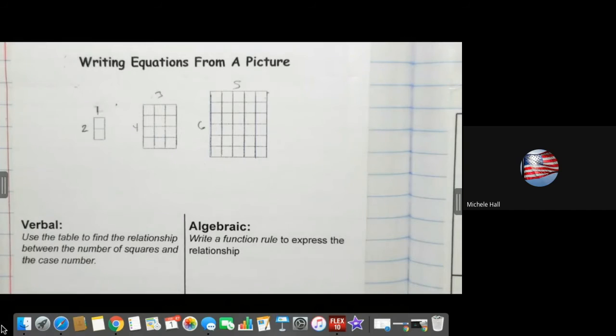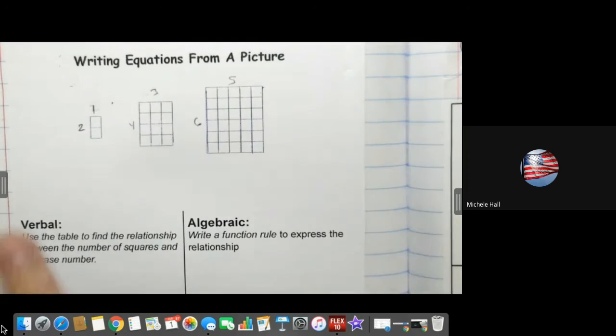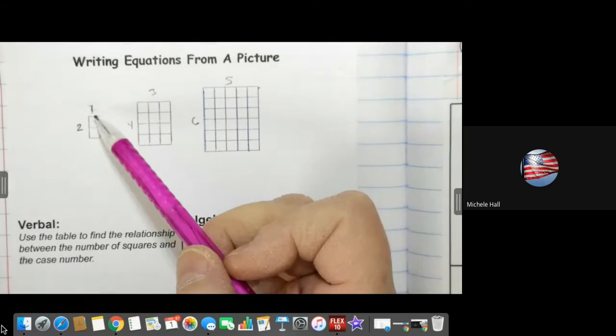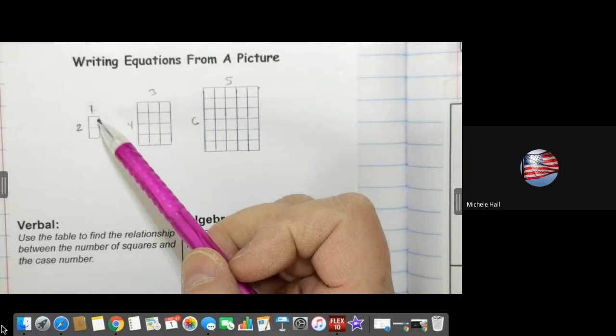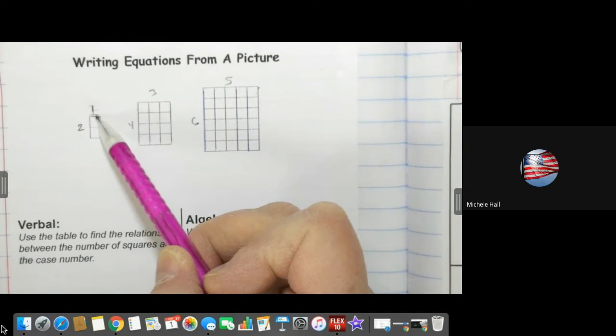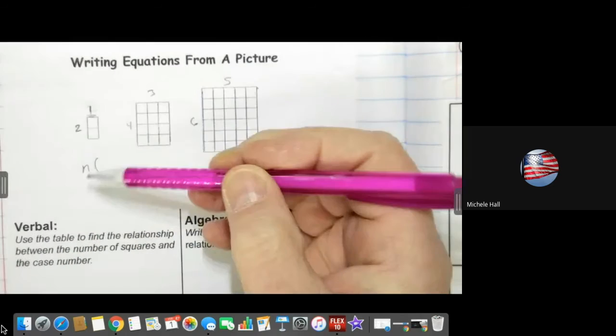Like, what would n be? What would n represent here, or x? I'm going to use n. Like what in here would I want to represent n? I have to start with something. Like I would say at the very beginning where I'm looking, n is going to be a 1 square. That could be my n. And then I'm multiplying by what then?